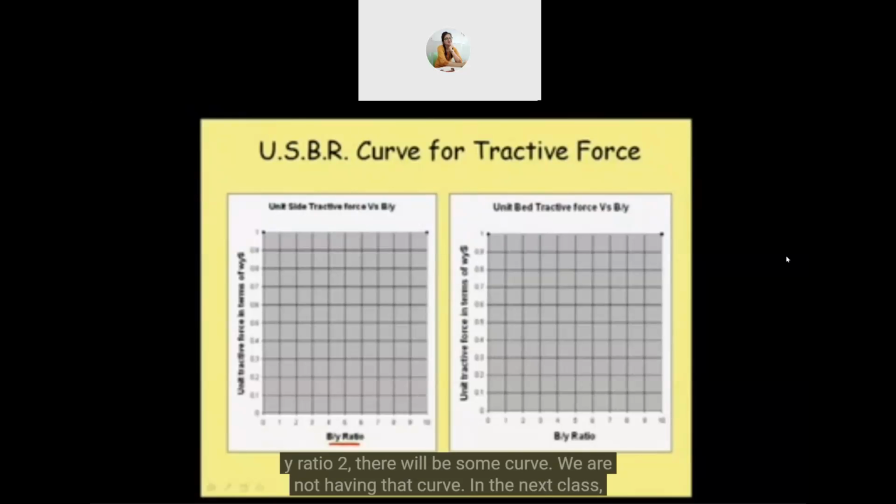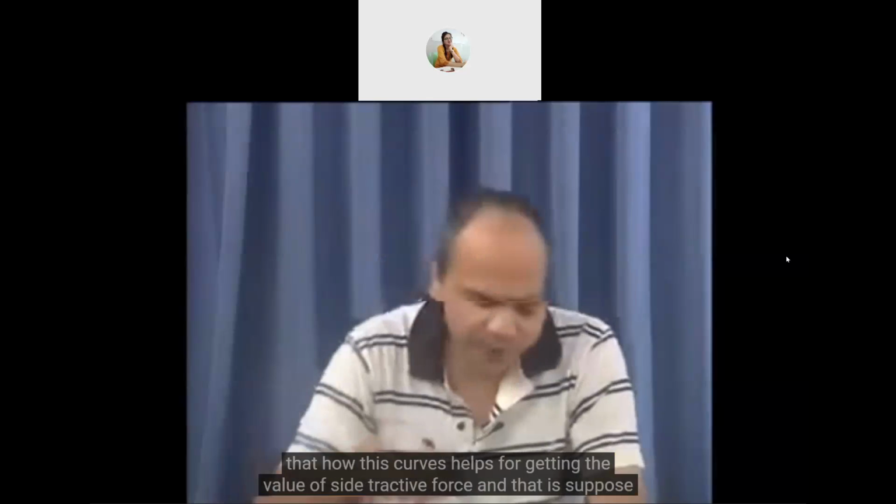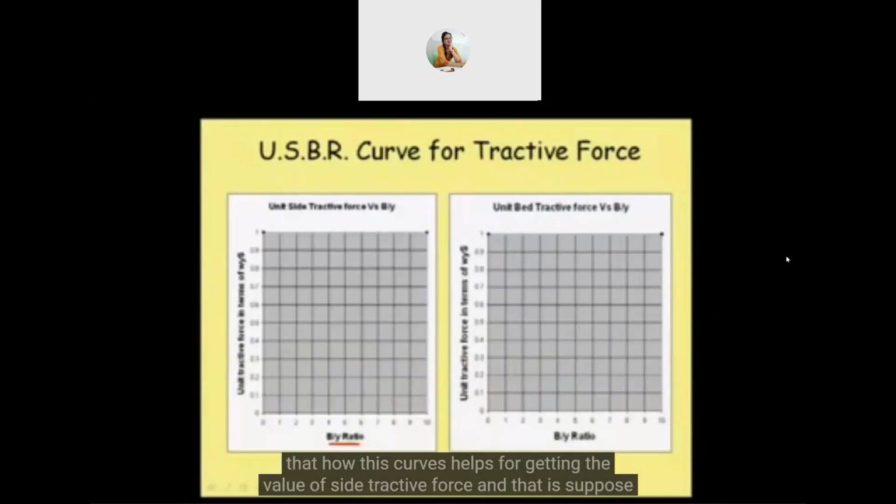In the next class, we will be drawing those curves, how these curves come, and how these curves help us in getting the value of side tractive force. Suppose for a B by Y ratio of 2 we get a point here, then this will indicate that the shear stress at the side will be 0.6 WYS.